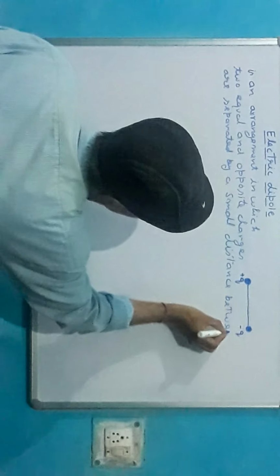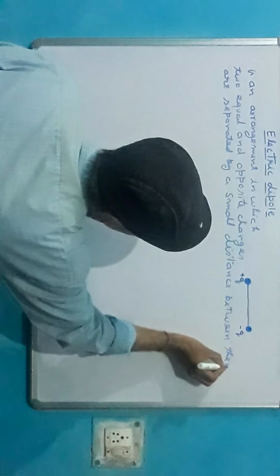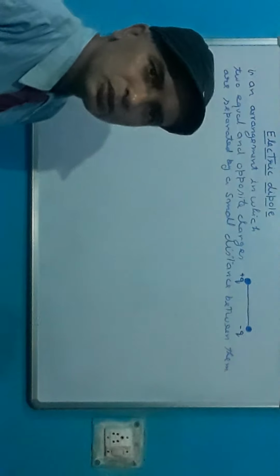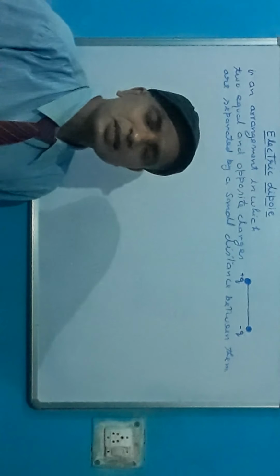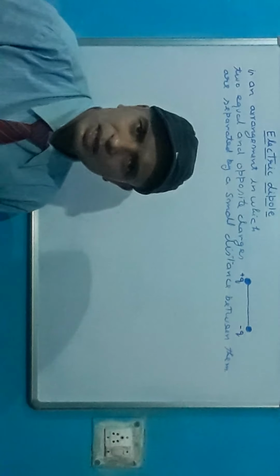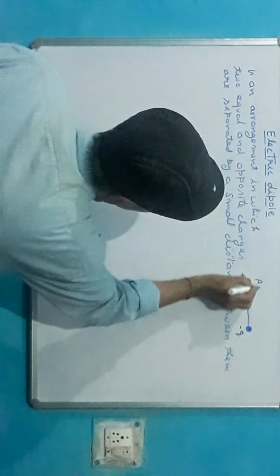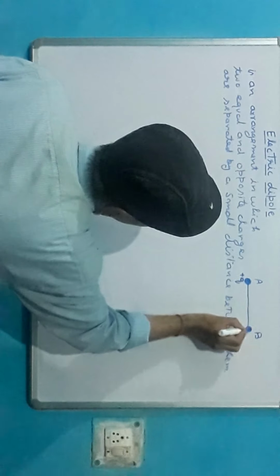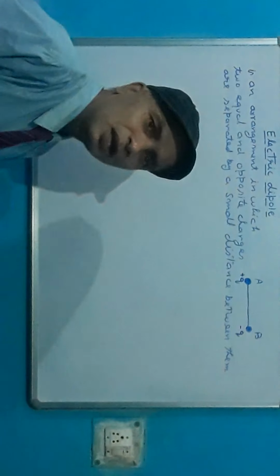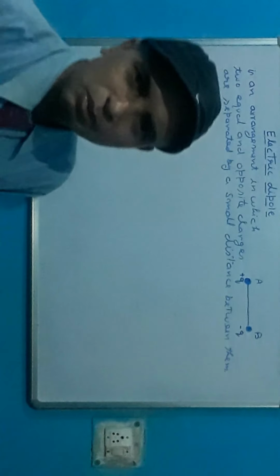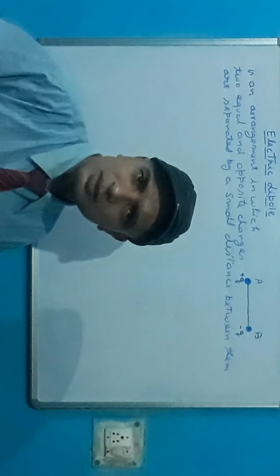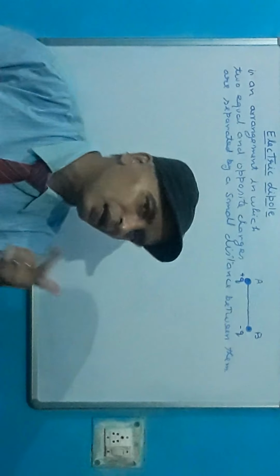So what is an electric dipole? An electric dipole is an arrangement in which two equal and opposite charges are separated by a very small distance between them. Suppose this is point A and this is point B. At point A plus q charge is placed, at point B minus q charge is placed. They are separated by a very small distance.